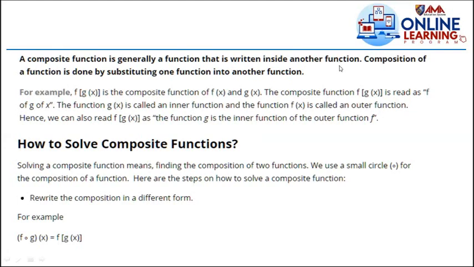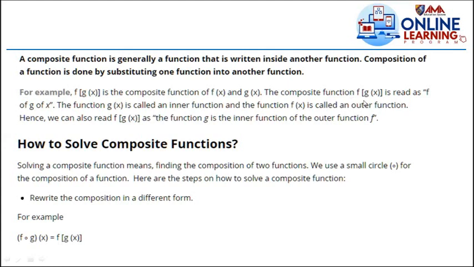Composition of function is done by substituting one function into another function. For example, f of g of x is the composition or composite function of f of x and g of x. The composite function f of g of x is read as f of g of x.